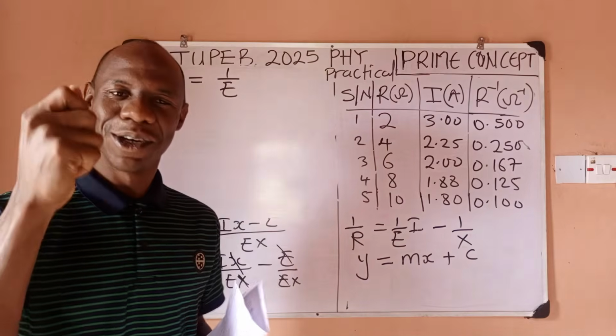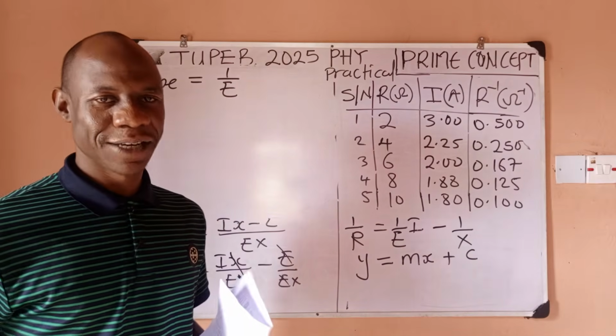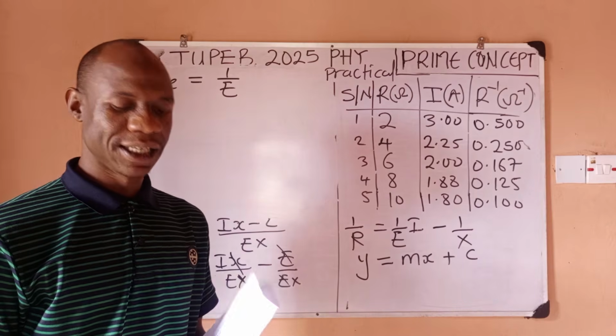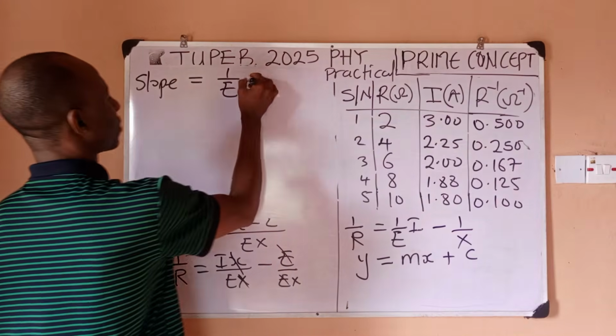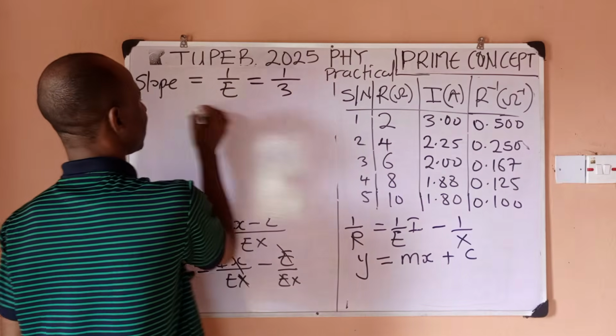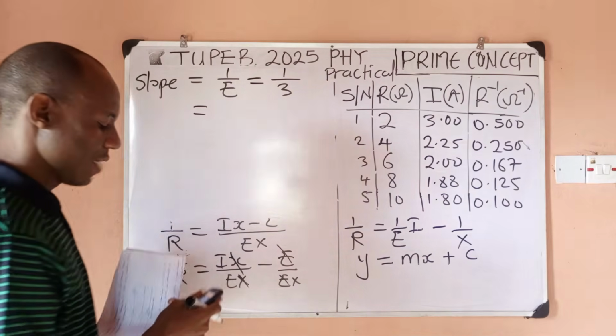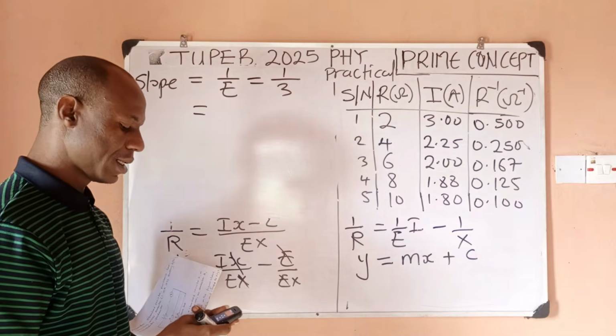Now, what is the value of e? They gave us in this question. The value of e is actually 3. So my slope is going to be 1 divided by 3, which gives 0.333.